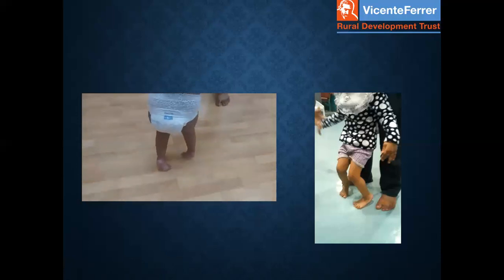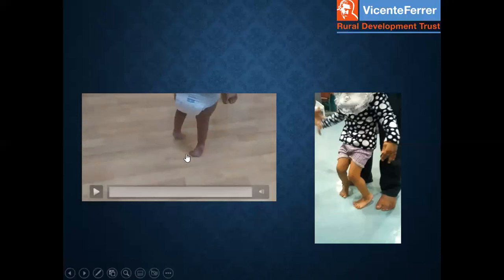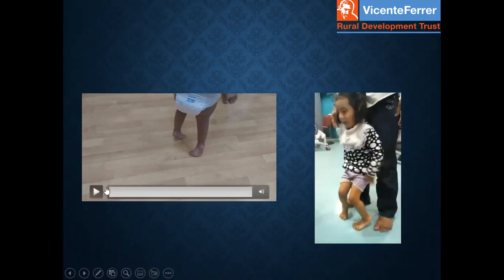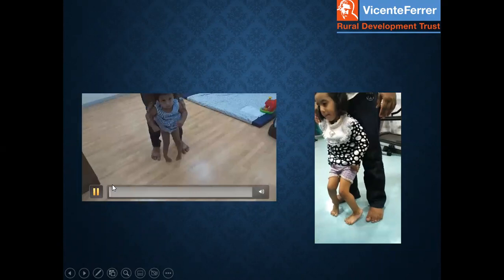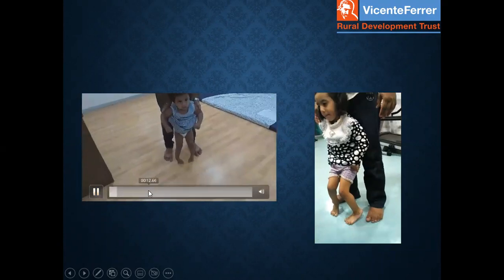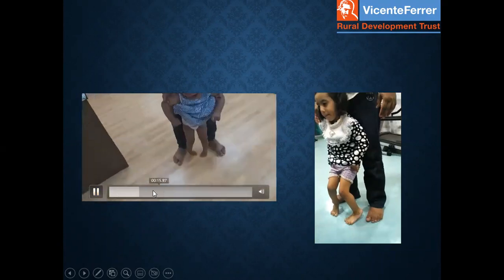Initial contact is with the toe, and obviously it is not able to clear the ground, and there is toe scraping throughout the gait. And what's happening to the knee joints?